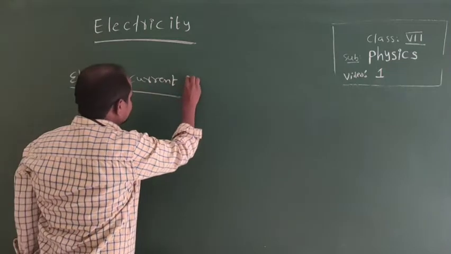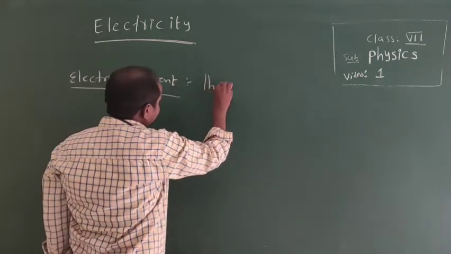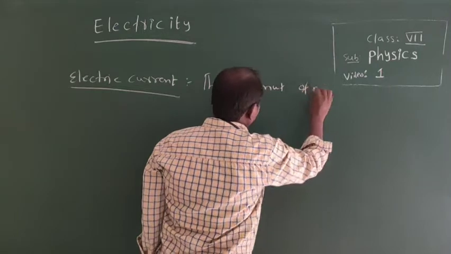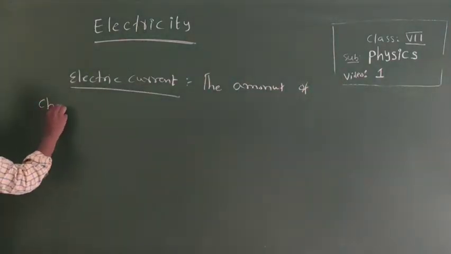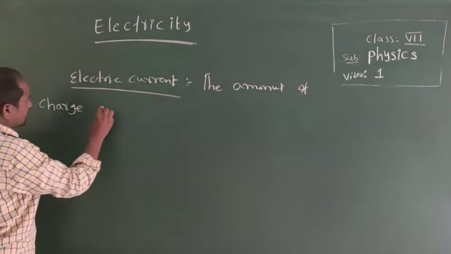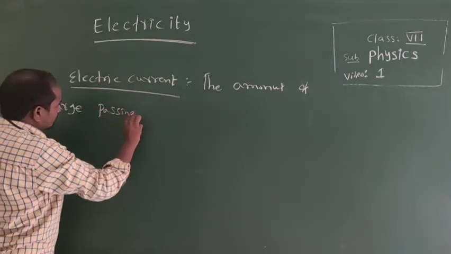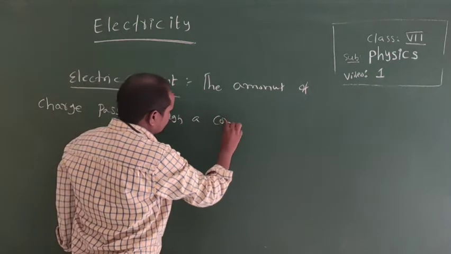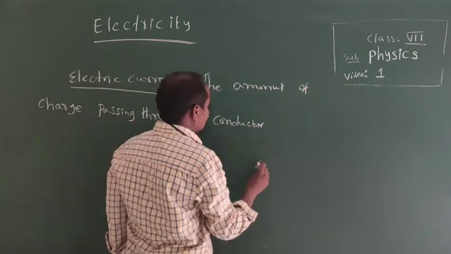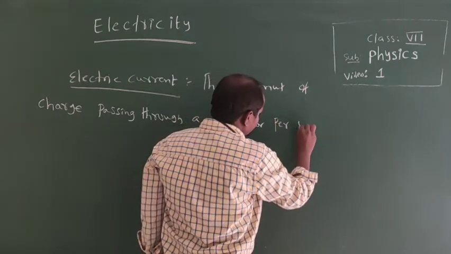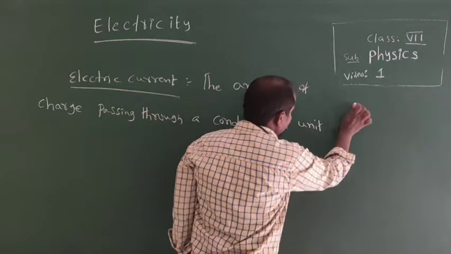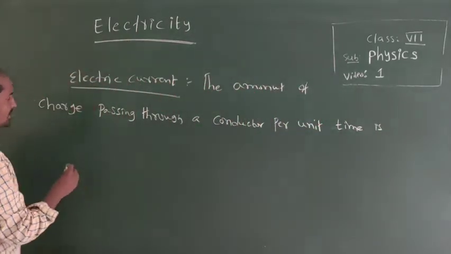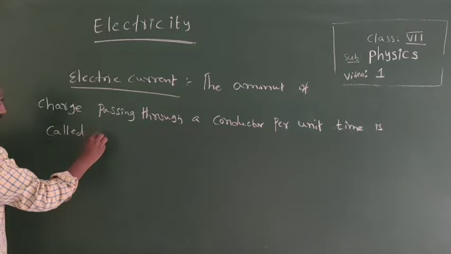Electricity or electric current means the amount of charge passing through a conductor per unit time is called electric current.